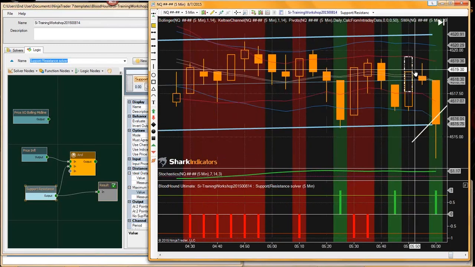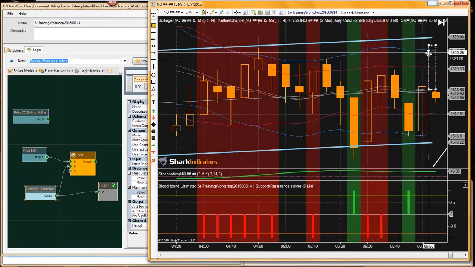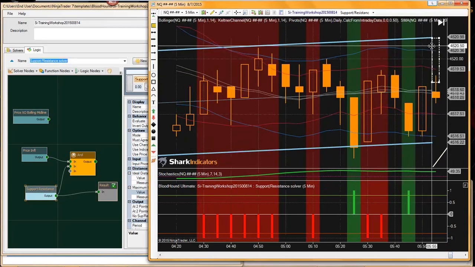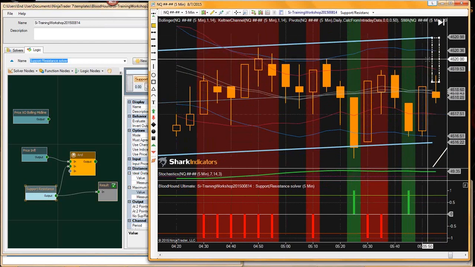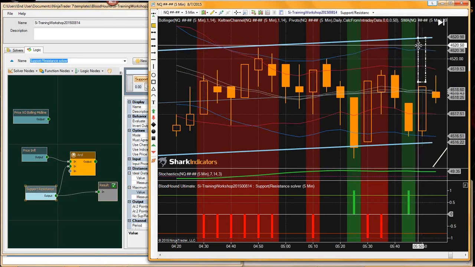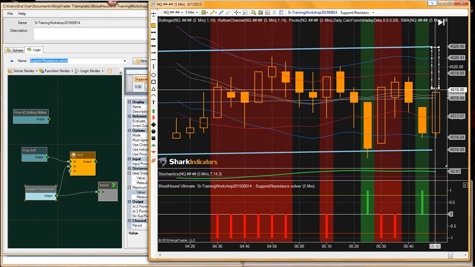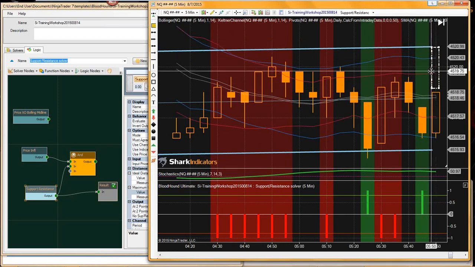So if we measure this here, we can see price is more than 10 ticks away. Let's go to the next bar, and price is just a little more than 2 points away.